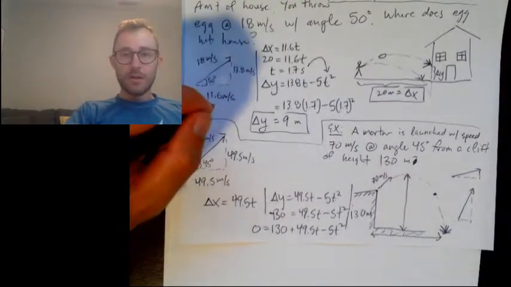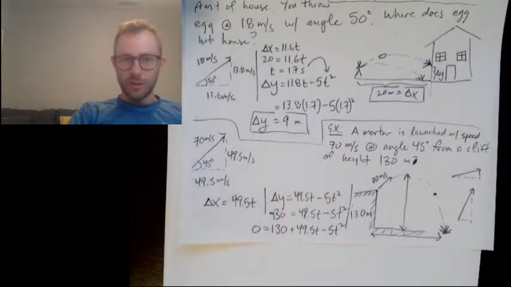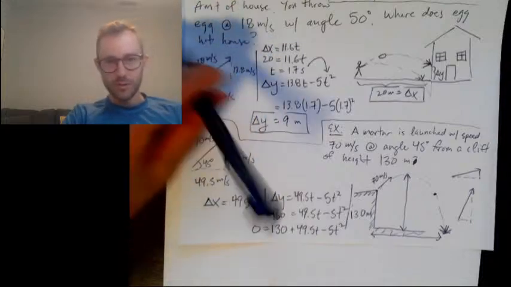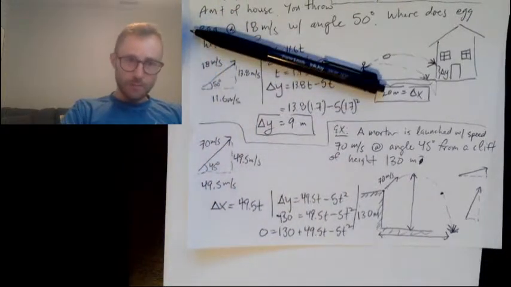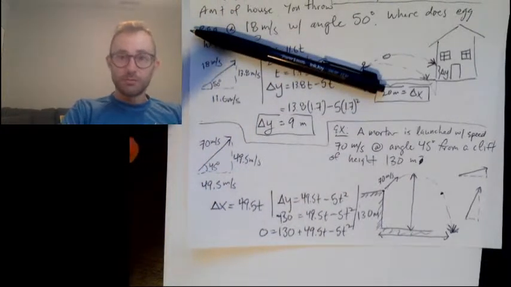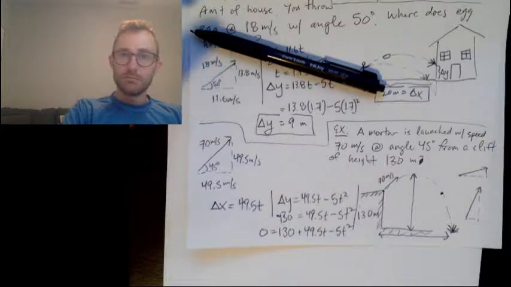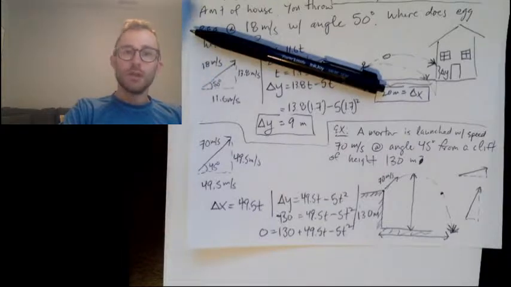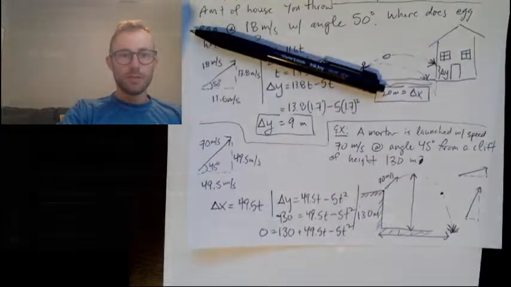Okay? So this is a quadratic equation. So how are we going to solve a quadratic equation? We use the quadratic formula, or we can use Desmos. All right? So I choose the latter, Desmos.